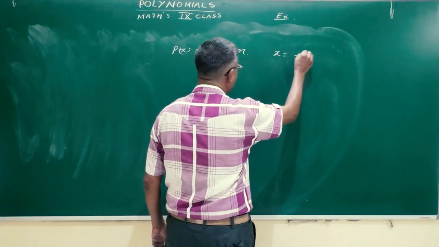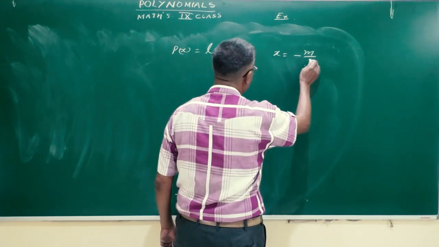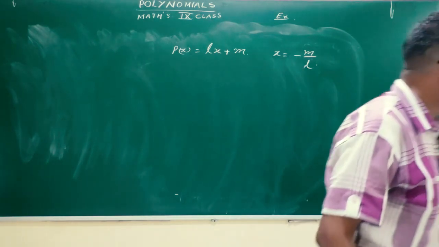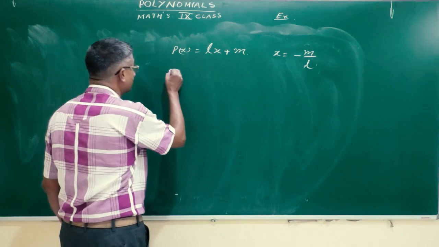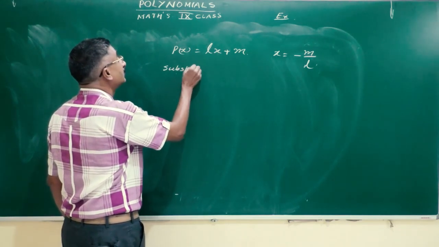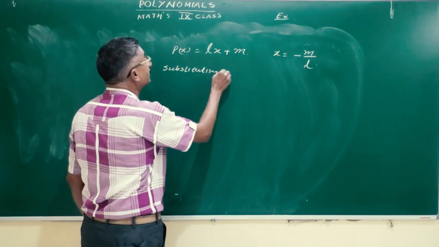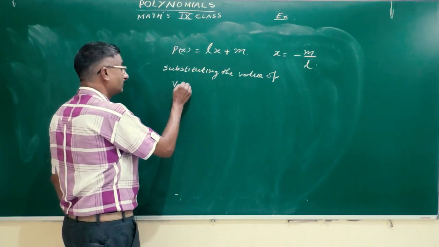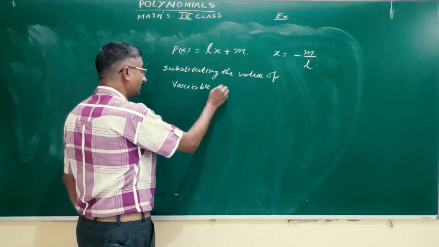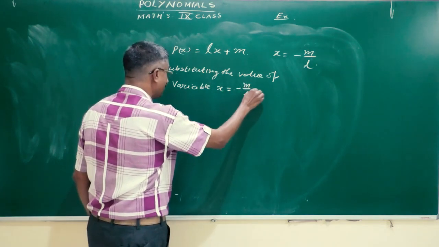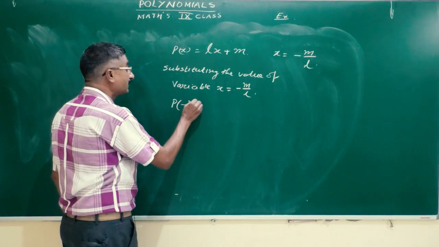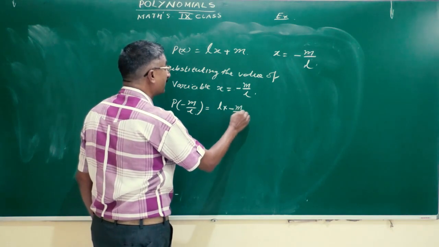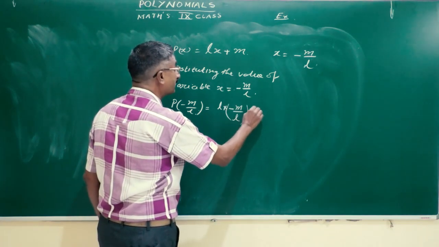Where x is equal to minus m upon L. Is it correct? I have to check. Yes, minus m upon L. So substituting the value of variable x is equal to minus m upon L. So p of minus m upon L is equal to L into minus m upon L plus m.